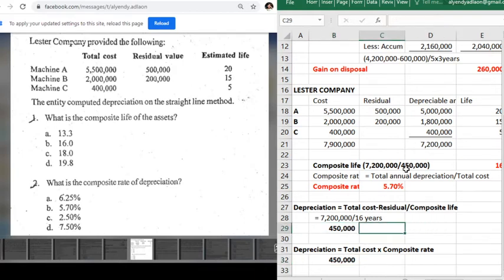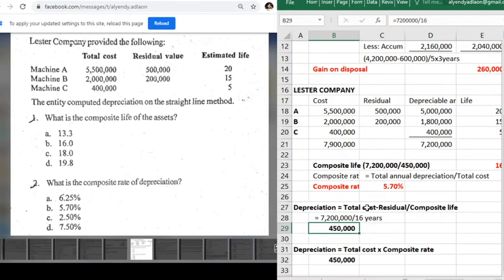Okay? So, what is with composite life? The composite method makes it easier to record depreciation because since all the machines were considered to have a useful life of 16 years, we don't need to individually identify each machine's useful life to know whether we are still to record depreciation on this one or whether another machine has already been fully depreciated.